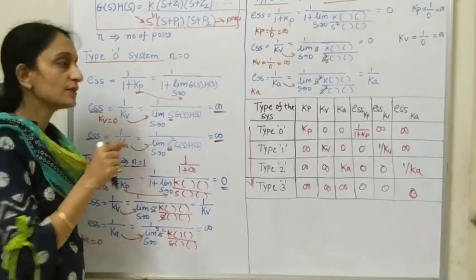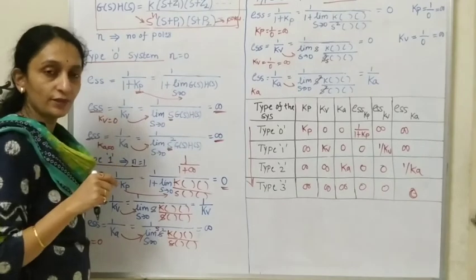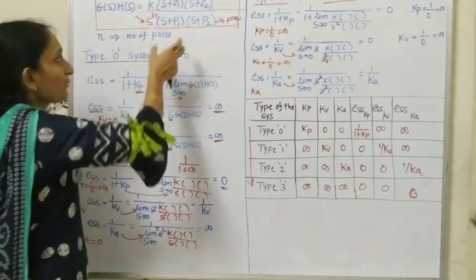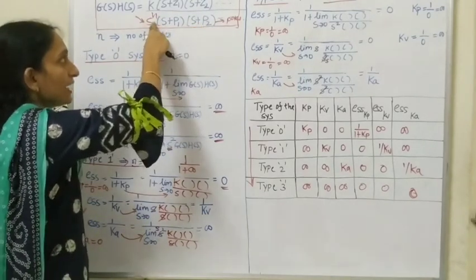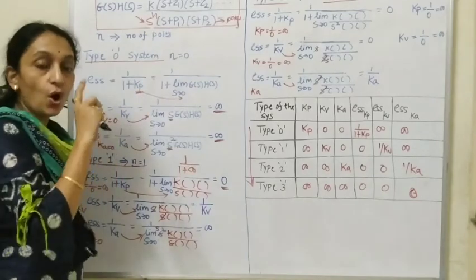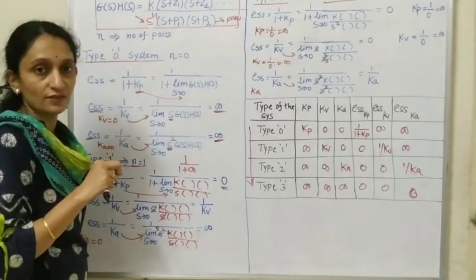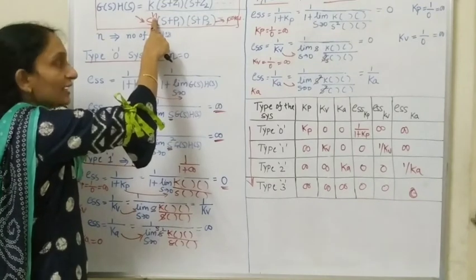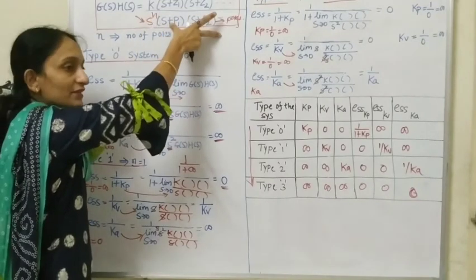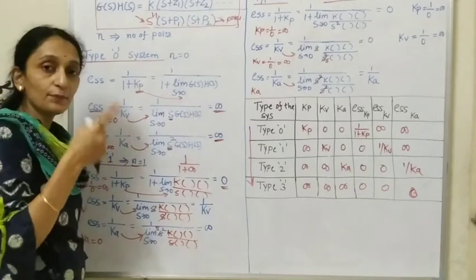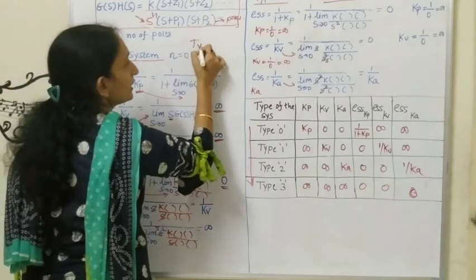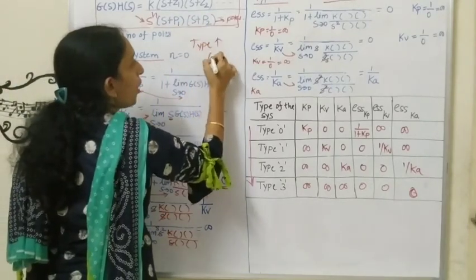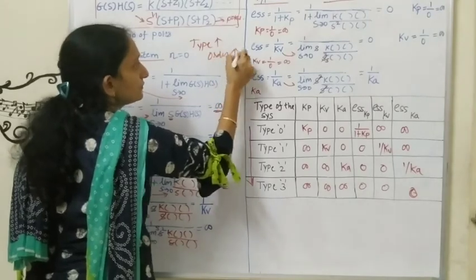Order of the system is the highest power of s in the denominator. You can check here, if the type of the system is increasing, the order of the system is also increasing. If I put here 1, then s will be multiplied with this. So if type is increasing, order will also increase.